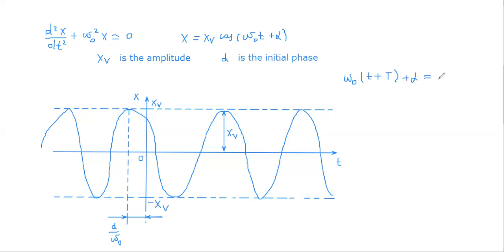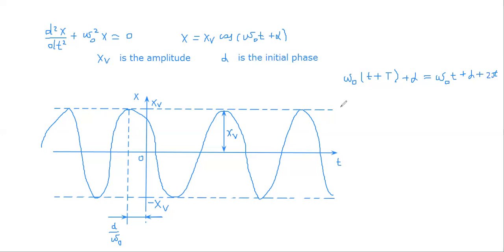It is the same as changing the whole expression in parentheses by 2π, so plus alpha plus 2π, because 2π is the period of cosine.